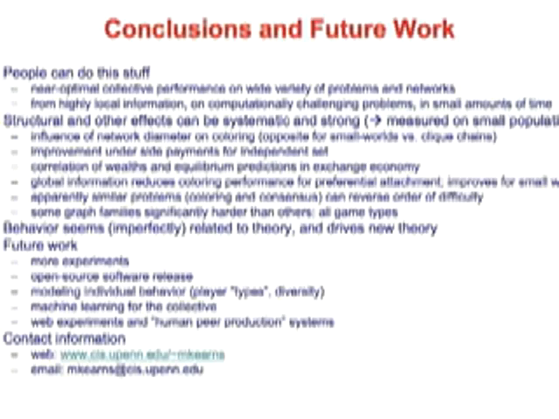Structural effects, by which I mean network topological and other effects, can be both systematic and very strong, which is what made it possible for us to see these effects, even though I consider our sample sizes, both in terms of number of experiments and population size, to be relatively small.